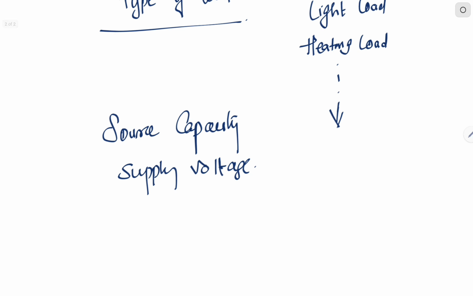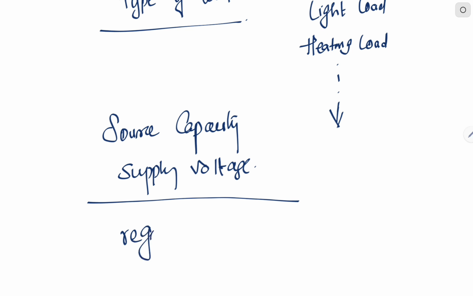The regulatory commission decides at what voltage how much load we can connect. So for every range of connected load, the regulatory commission insists on the supply code or related rules and regulations to limit the connected load to a particular system voltage.